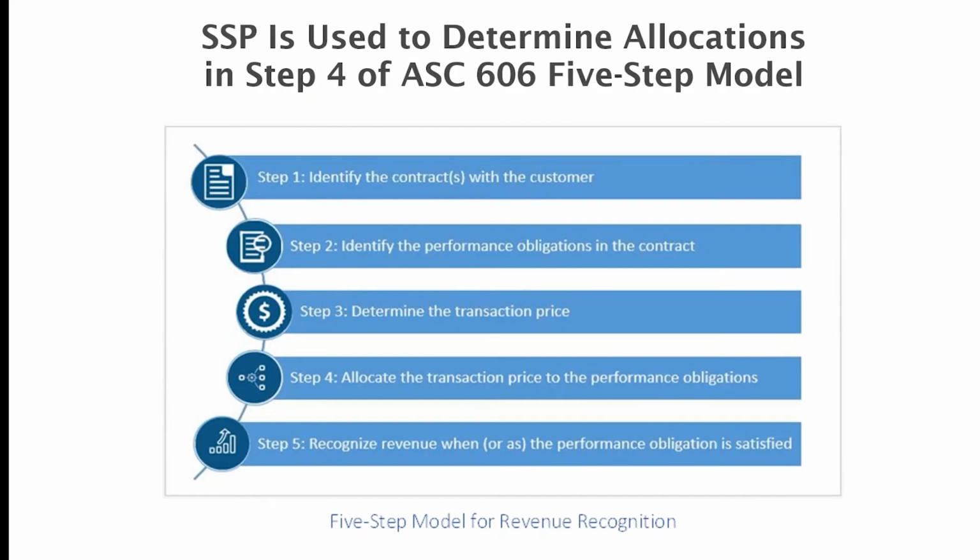Okay, Julio, if you can start off by maybe giving an overview of how standalone selling price fits into the overall 606 model. Yes, thanks, Jim. So, Jim, as we've talked about before, this is coming up as Bramasol's number one topic for revenue accounting, which is standalone selling price.